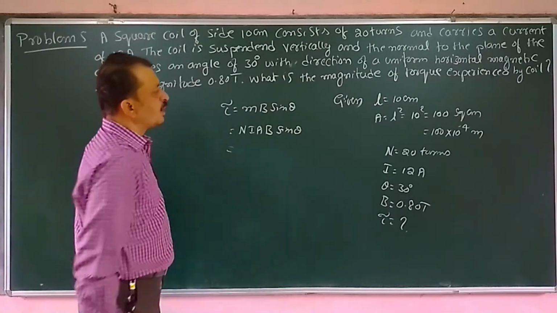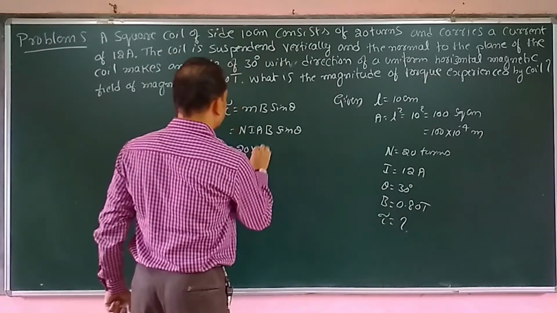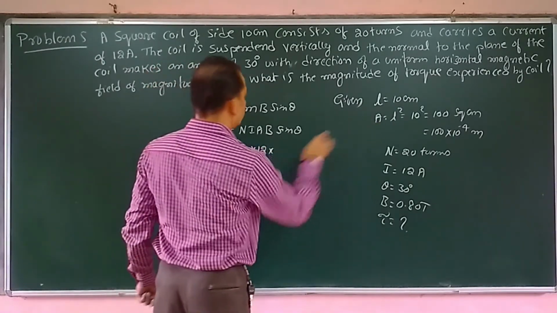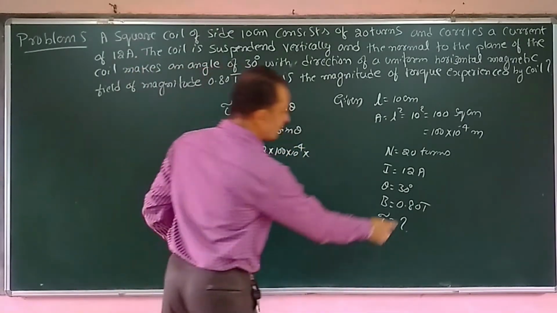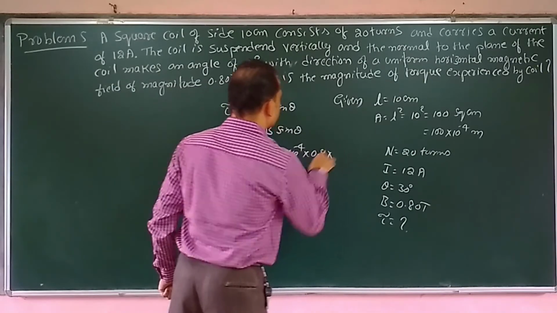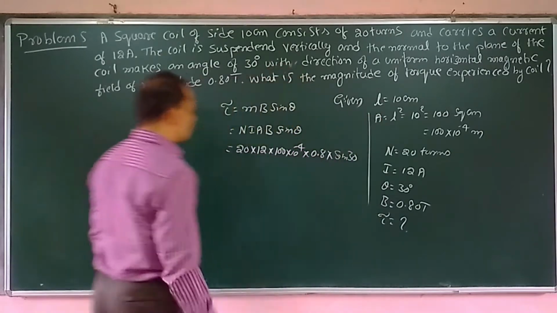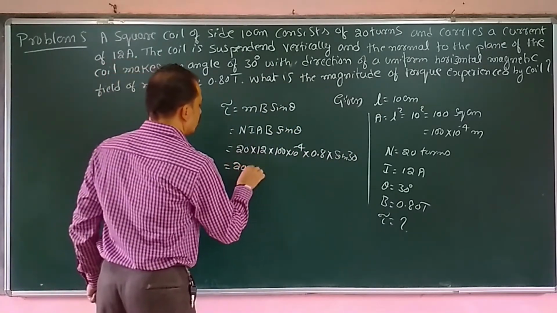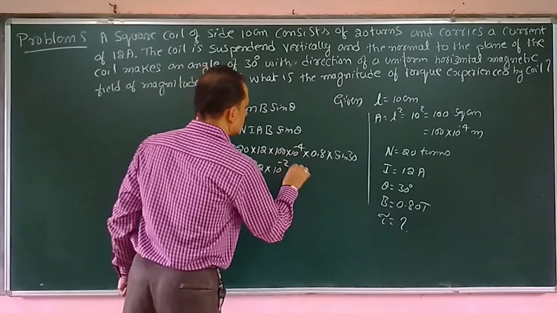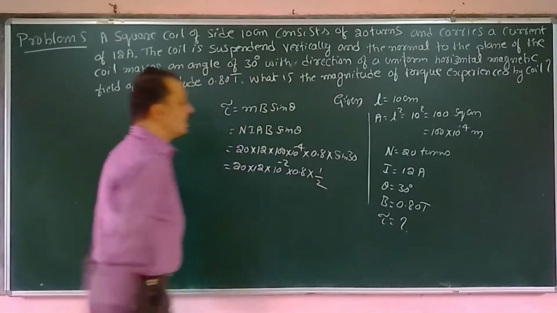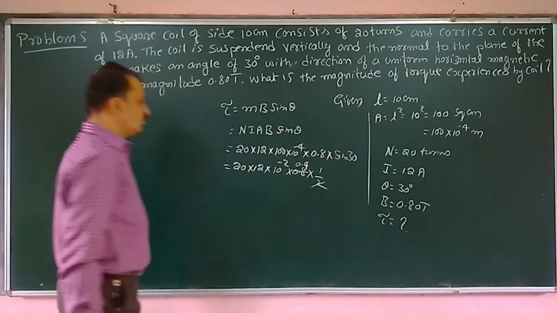Now simply substitute the values. Now 20, I 12, area 100 into 10 raised to minus 4, B magnetic field 0.8 and sin 30. Okay. 20, 12, this becomes 10 raised to minus 2, 0.8 into half. So, ones are 0.4.